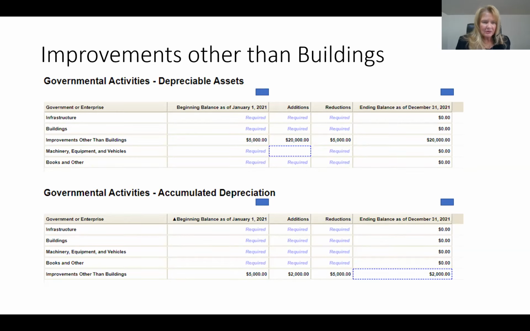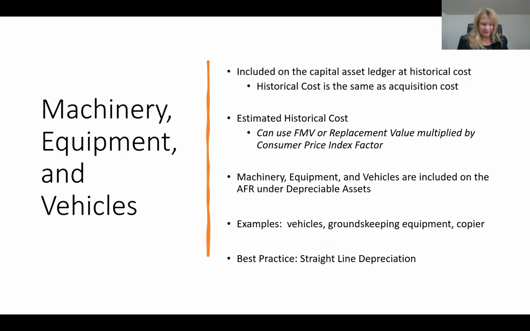And then for accumulated depreciation, I had my original fence in there, fully depreciated at 5,000. I've added $2,000 in depreciation for my new fence. That's my first year. And then I've taken the accumulated depreciation from my old fence off. And all of that was in 2021.